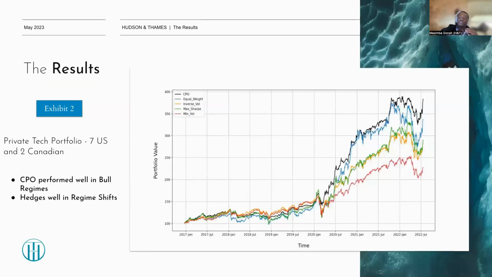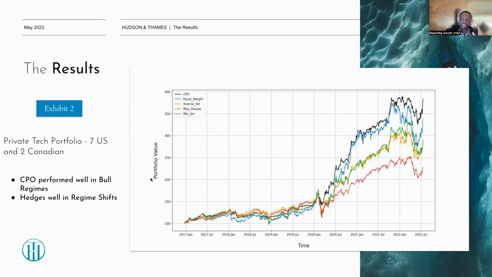So, moving on, now we get a bigger picture of how CPO is actually performing versus the more traditional approaches to portfolio optimization. We have a private tech portfolio, 7 US stocks, 2 Canadian, and on the y-axis is portfolio value.